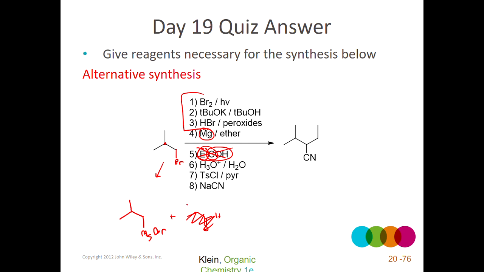So we could have that attack a 2-carbon aldehyde. Oops, I read 3-carbon aldehyde again. 2-carbon aldehyde. And then once you add the acid in the next step, so this would just be a 2-carbon aldehyde here, then the acid in the next step would protonate that oxygen.